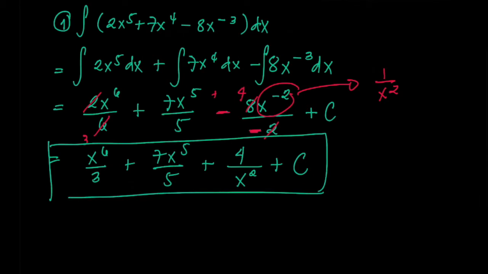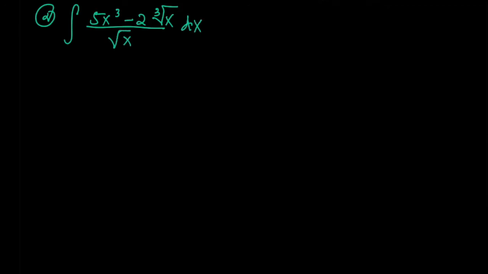So for the next problem, for the second example, let's have 5x cubed minus 2 cube root of x, all over square root of x dx.